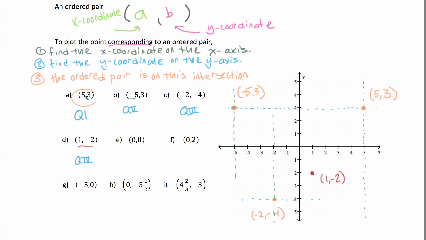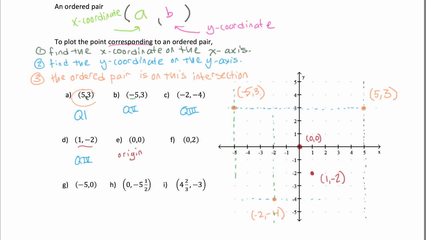We already talked about this special point 0, 0. 0, 0 lives right here. It's called the origin. And that is not in a quadrant. So that's just a special point. It's on the origin. And because it's not in this space, it's on one of these axes, it isn't considered to be in a quadrant.